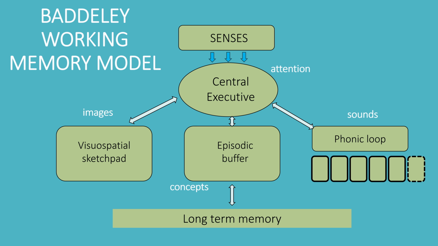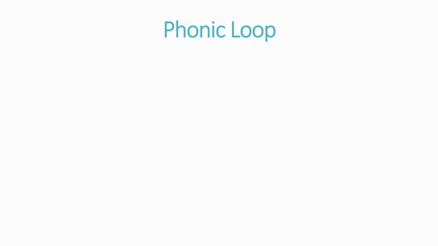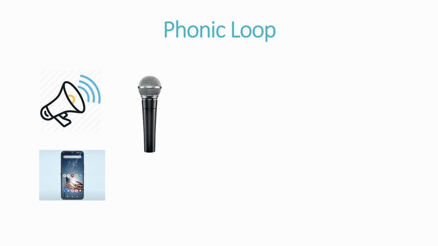store long-term information. Now, just before we go on, the phonic loop is an interesting thing to think about. What does it actually mean, and it is possibly a new concept for us, so how do we know what this phonic loop is? Well, we already know something about the word phonic.